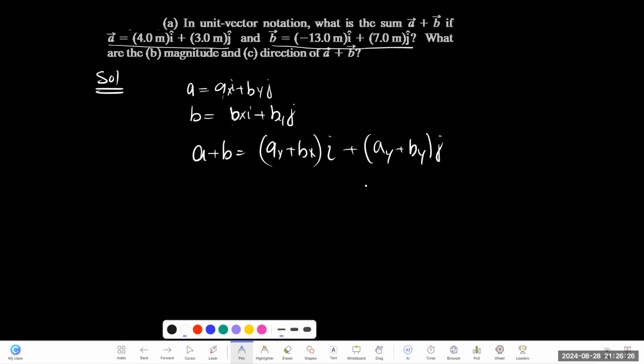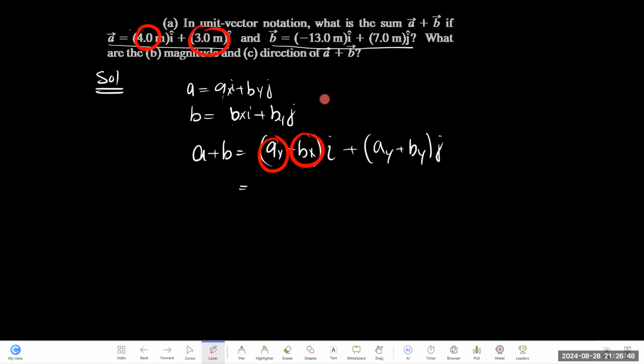Everything is given in this problem, so I can just substitute the values. This one is ax, this one is bx, and ay is this, and by is this.